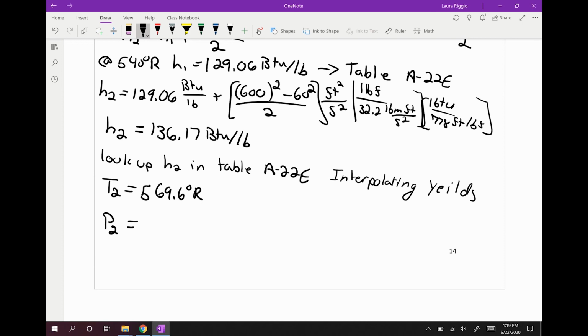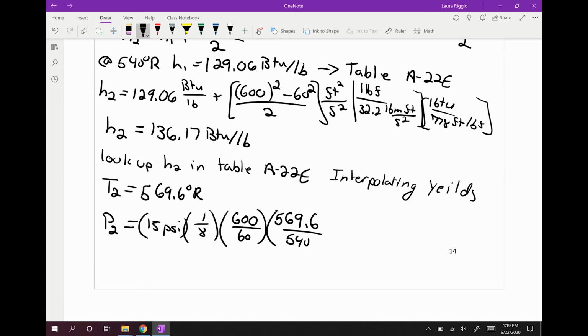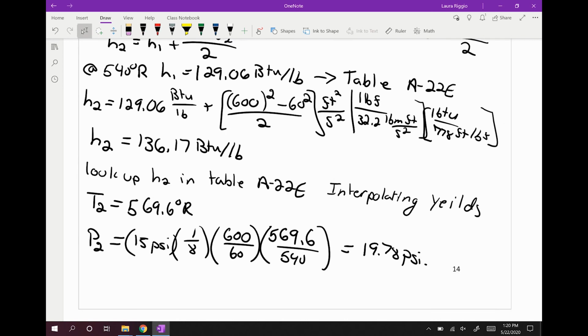So P2 is equal to 15 psi times 1 over 8 times 600 over 60 times 569.6 over 540, which is equal to 19.78 psi. In our next lecture, we're going to go over turbines.